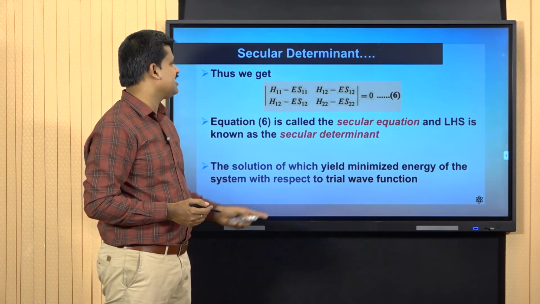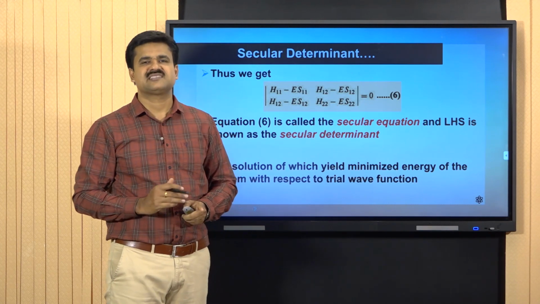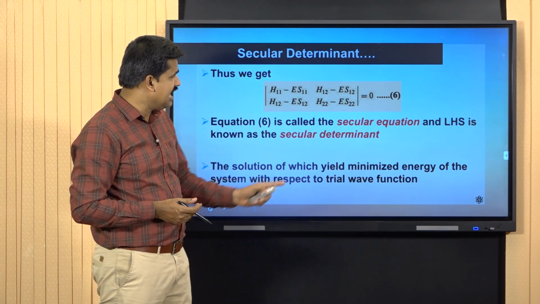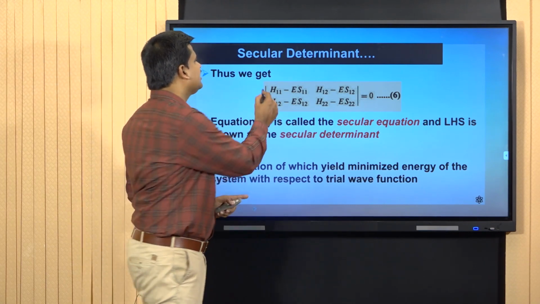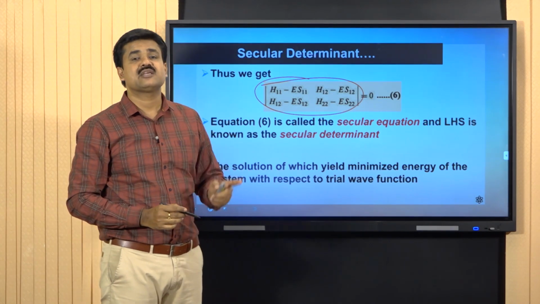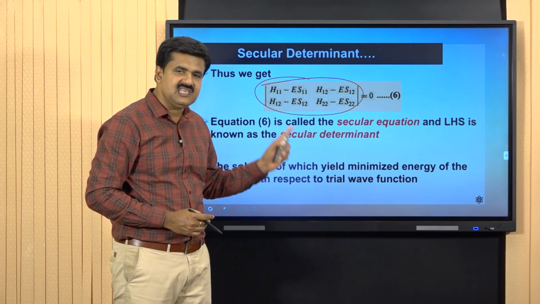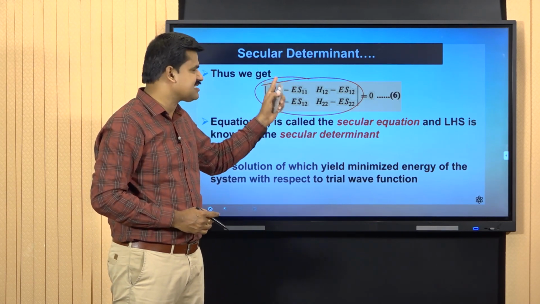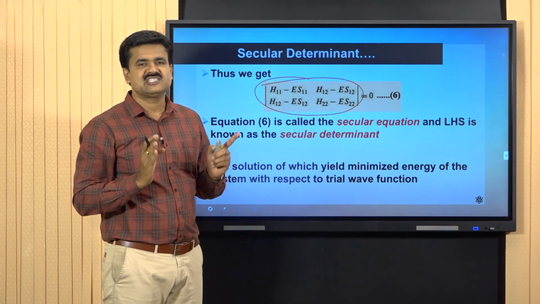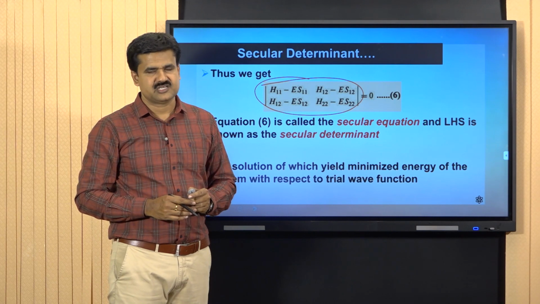This full relation, equation number 6, is called the secular equation, and the left-hand side is a determinant known as the secular determinant. Solving this secular determinant yields the minimized energy of the system with respect to the trial wave function.